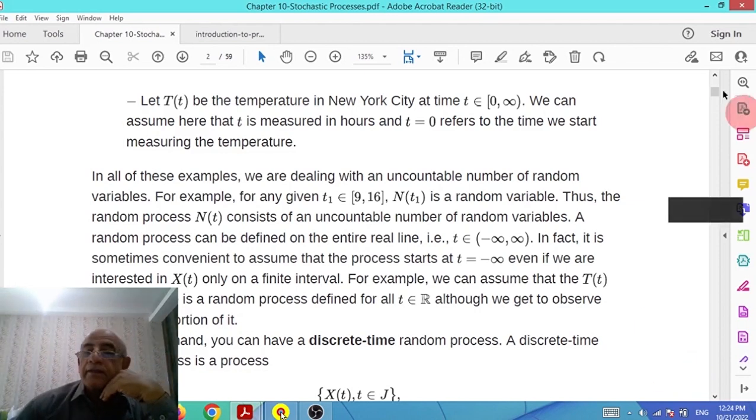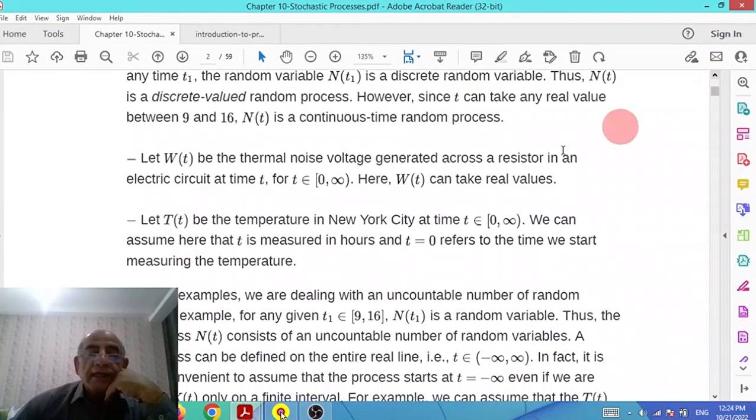So in the above example, t is continuous and the value of omega is continuous.